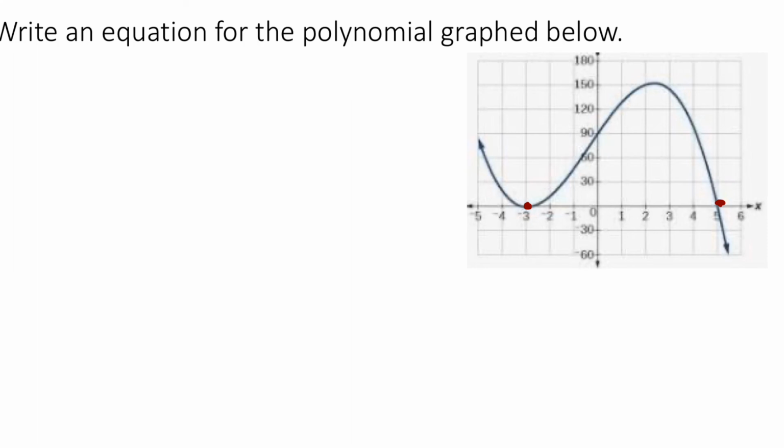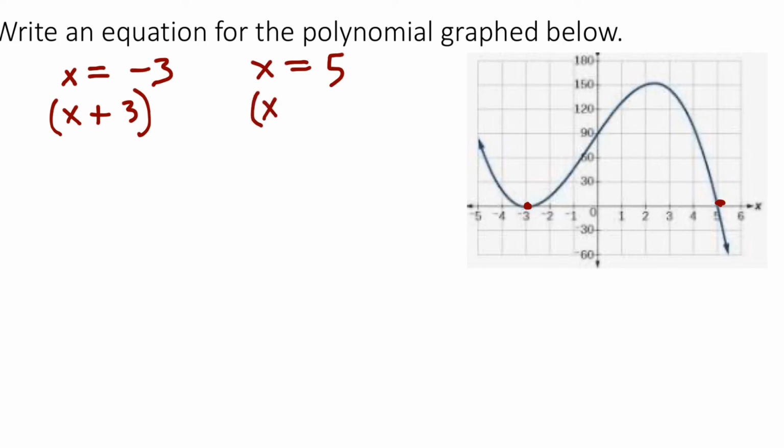So we know for sure that we have a factor of x plus 3 and a factor of x minus 5, because of the relationship between zeros and factors, opposite sign.